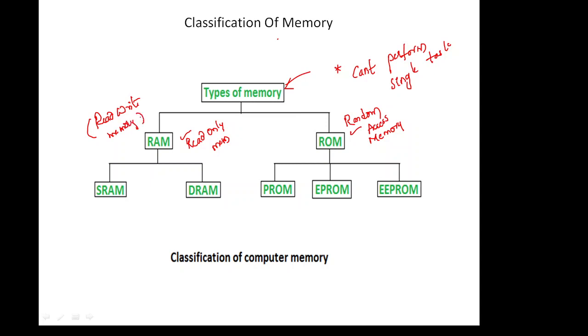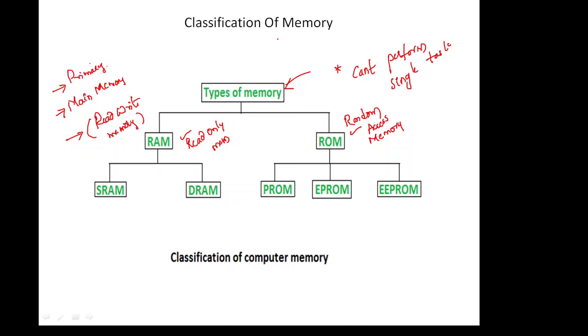There are many names for this random access memory. We can call it a read write memory, or a main memory, or a primary memory.